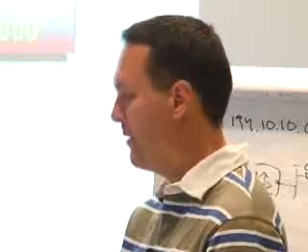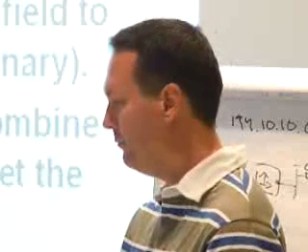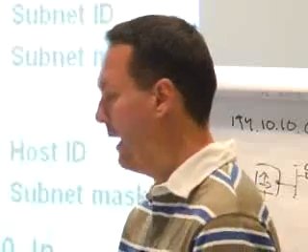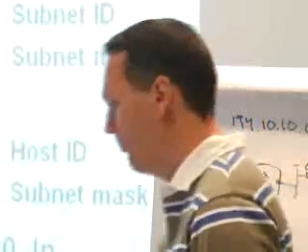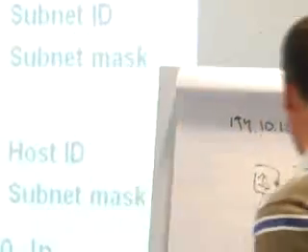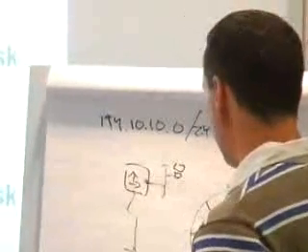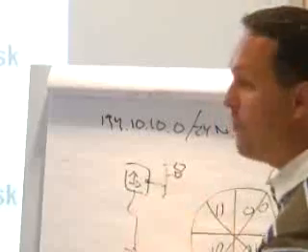Example of Class C subnetting, we've done that. I'll do this because I've kind of forgotten about it. If you remember this one, because I run out of space, then I'll do it up here.